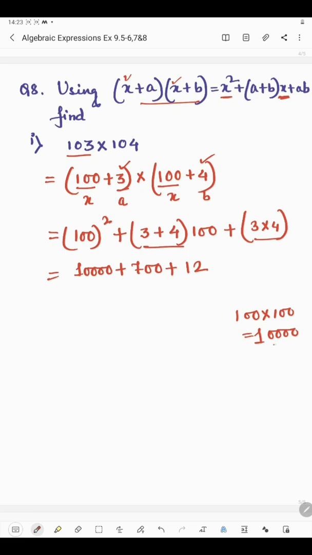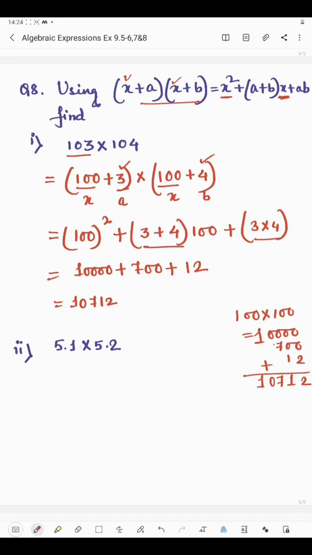So 10,000 plus 700 plus 12. So 2 plus 0 plus 2. 2 plus 0 plus 0 is 2. 1 plus 0 plus 0 is 1. 7 plus 0 is 7. 0 will come down and 10 also will come down. So it's 10,712. Okay.